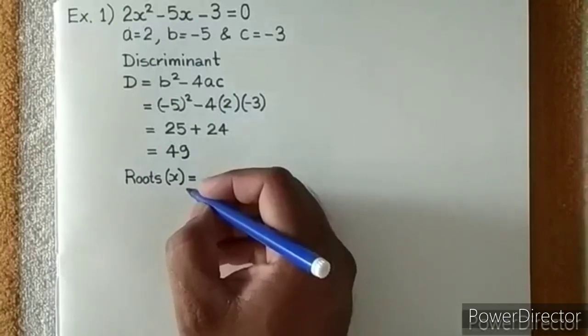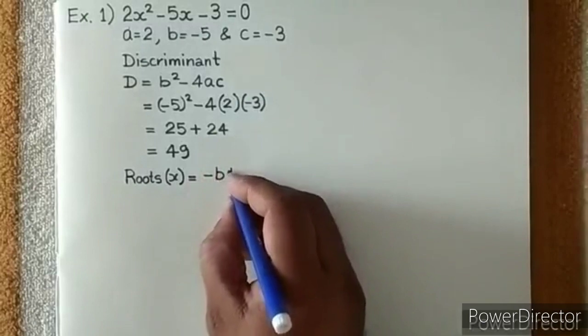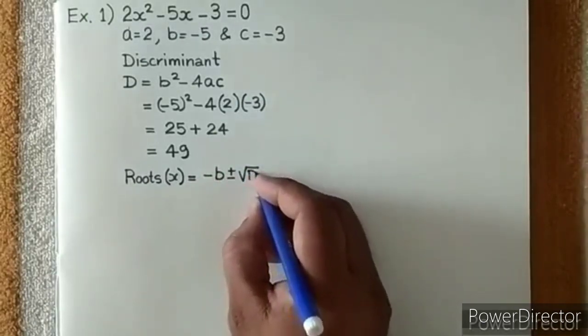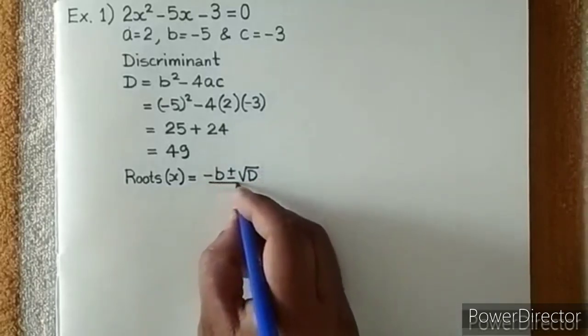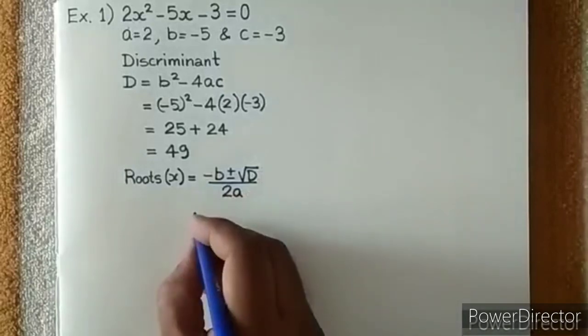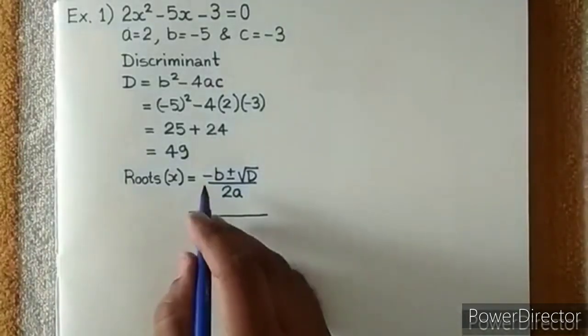Roots is equal to minus b plus or minus root of the discriminant upon 2a. Let's put the values.